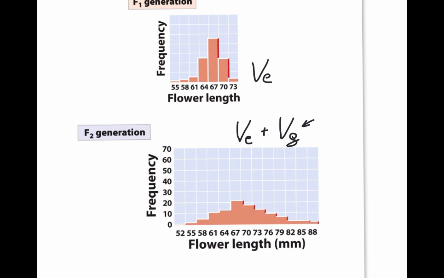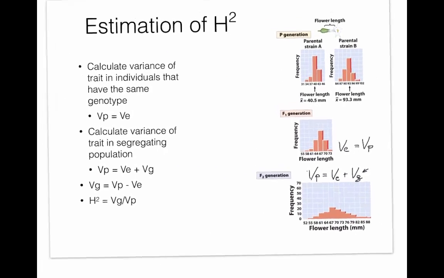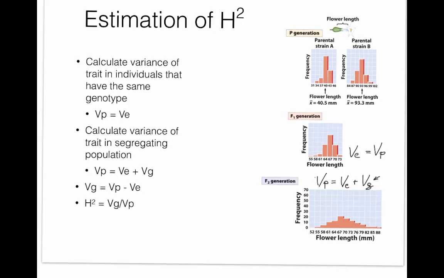So it means that in this individual, the total variance was the variance due to the environment. And in this individual here, the total variance, VP, is due to VE plus VG. So then how do we calculate VG? Well, it's pretty simple.